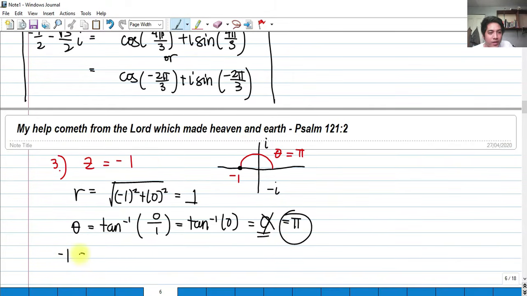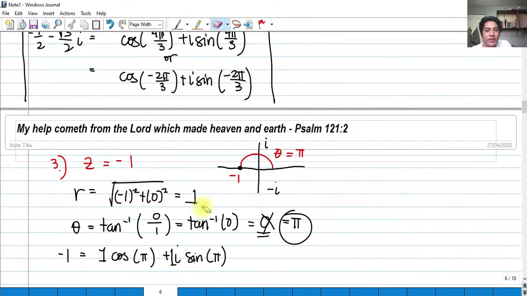So in order for us to get the polar form of this, that is r cosine of pi plus i sine of pi. Let me just rewrite this. Even though we did not write 1, it's okay, but still, I'll write 1 here.